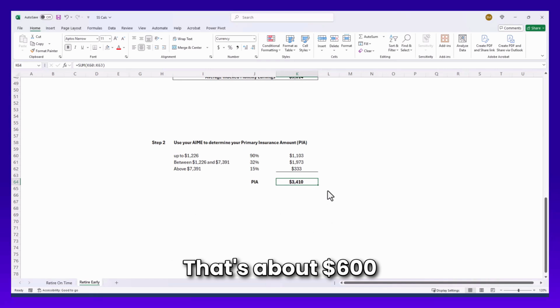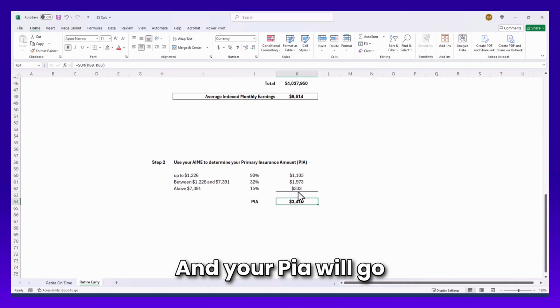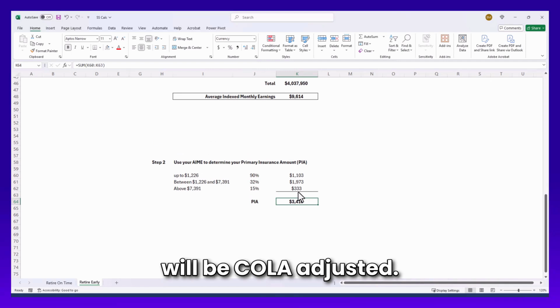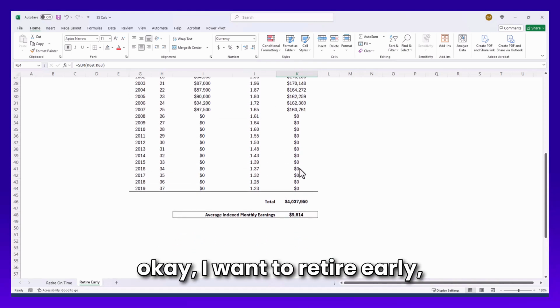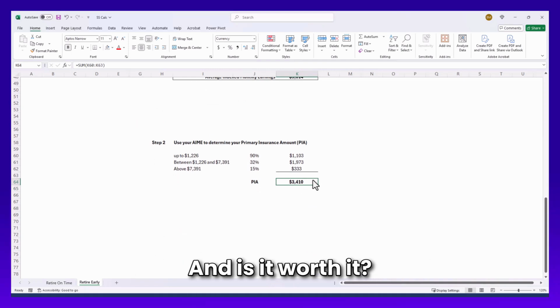So that's about $600 in difference per month. And your PIA will go up whether you work or not. It will go up for inflation, COLA adjusted. But one thing to think about when you're thinking, okay, I want to retire early: how will it impact your PIA, and is it worth it?